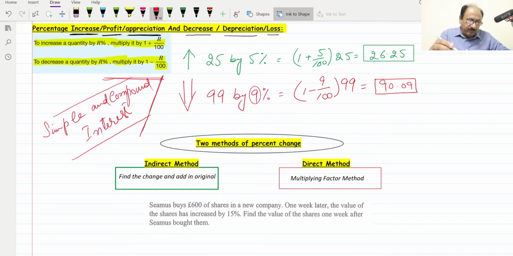Simple and compound interest calculations we will be covering in the next video.